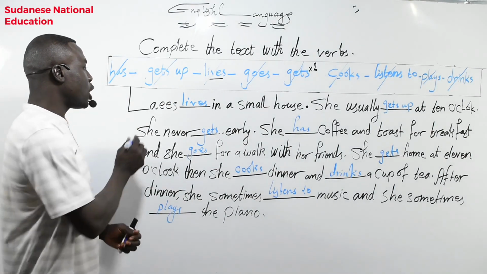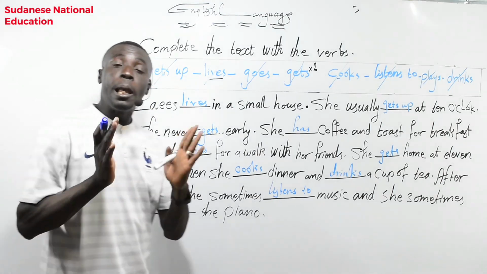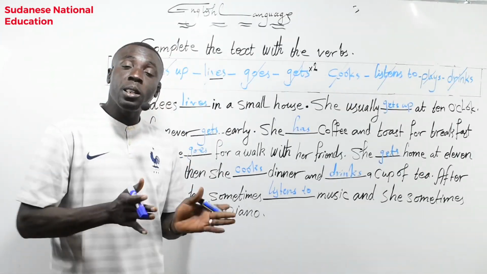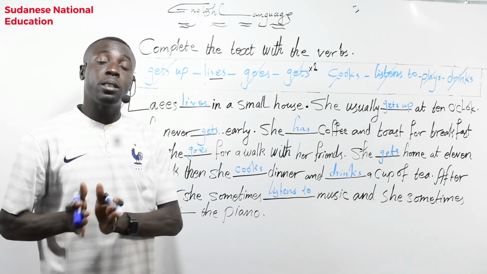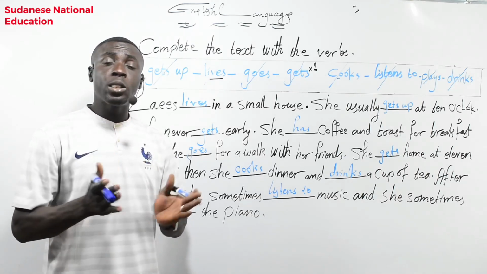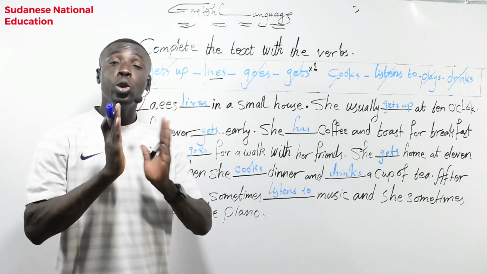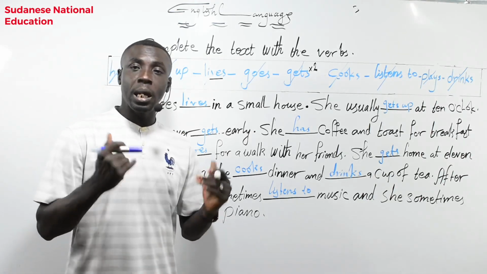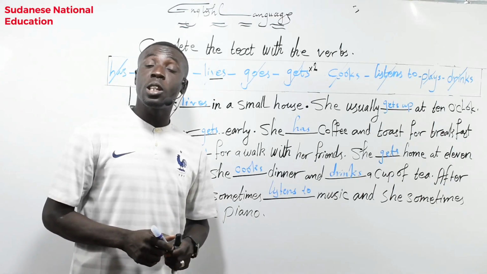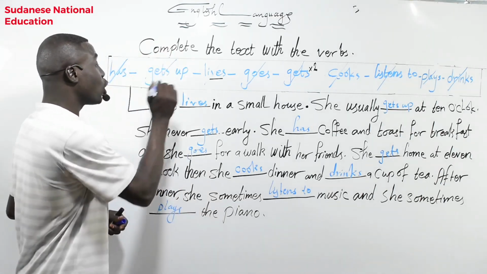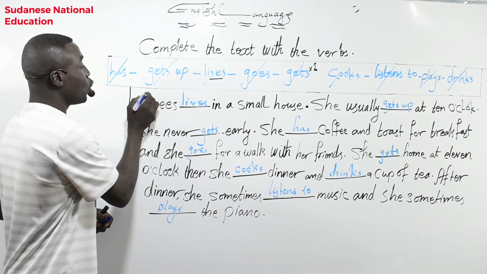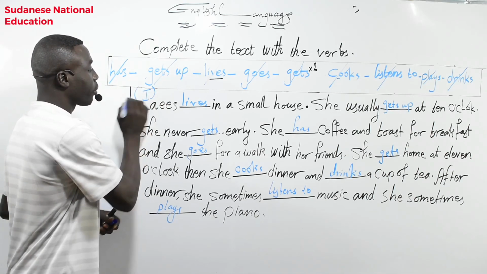So this is with the subject Lemise, a third person singular. Let's try this using the first person or a plural noun. For example, let us use the pronoun I instead of Lemise.